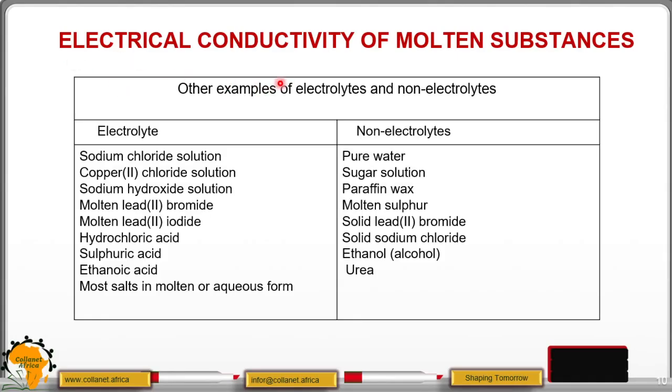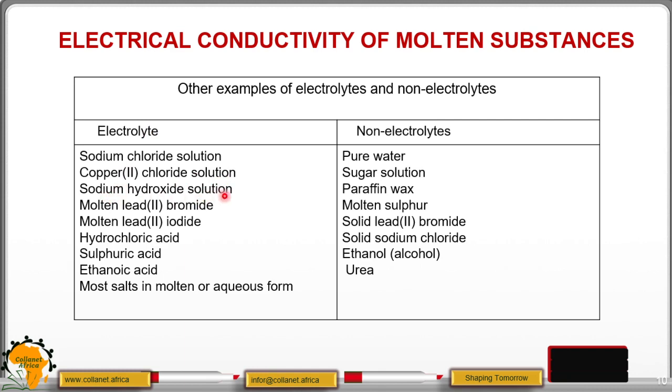Other examples of electrolytes and non-electrolytes are given here. We have electrolyte, sodium chloride solution. It is good to note that solid sodium chloride is non-electrolyte, but when it is in solution form, it is an electrolyte. Copper(II) chloride in solution is an electrolyte.